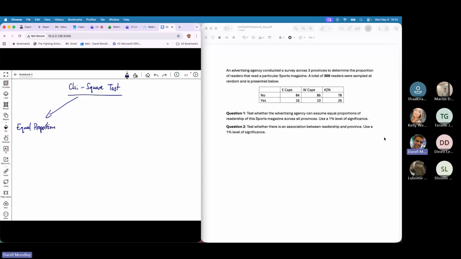That's what we did first, your pi 1 equals pi 2 equals pi 3, etc. Then there's the test of association or independence, which we did right now. These two are very similar. The maths is the same, as you saw. It's just your step 1 and step 5 that are different.